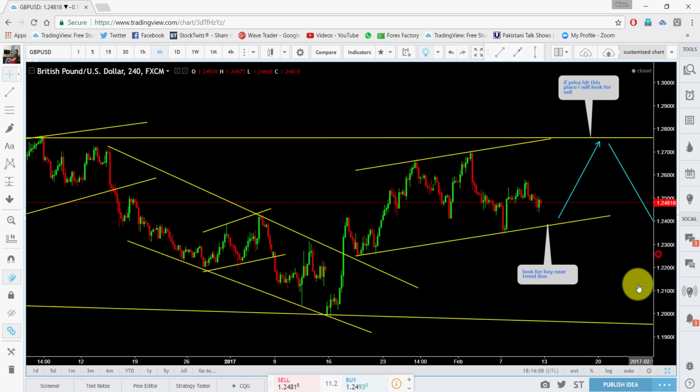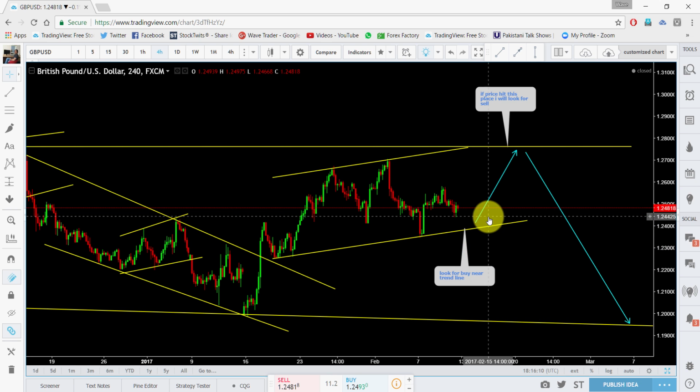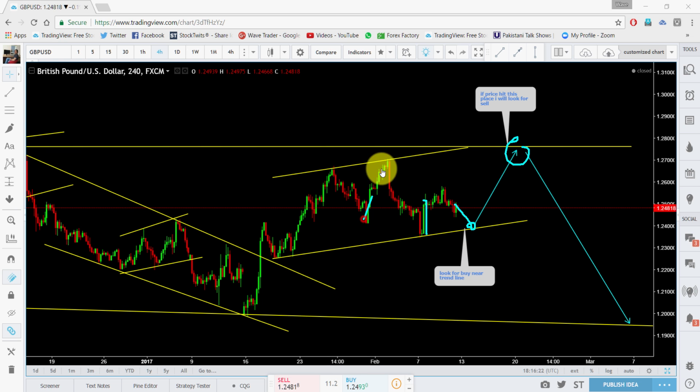Not interested to sell. There is no sell setup at the moment. The sell setup will only form at the top when price completes this pattern. Momentum is strong over there. Once price comes close to the trend line, you can see impulsive moves. So watch for the upside once price hits the trend line.